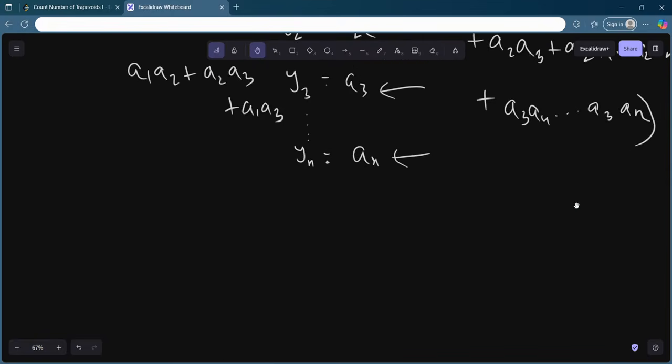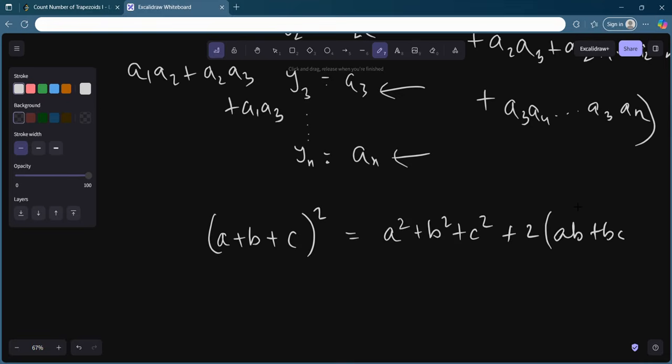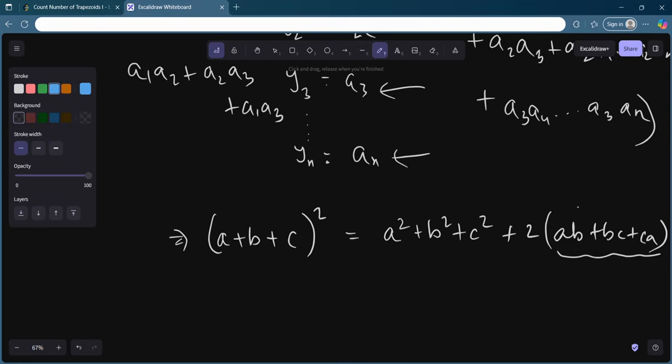So I hope you remember this kind of problem: what is the value of a plus b plus c whole square? You get a square plus b square plus c square plus 2 into ab plus bc plus ca. See, this term you get from the expansion of a plus b plus c whole square. And this is calculatable in linear time, you just add the values.